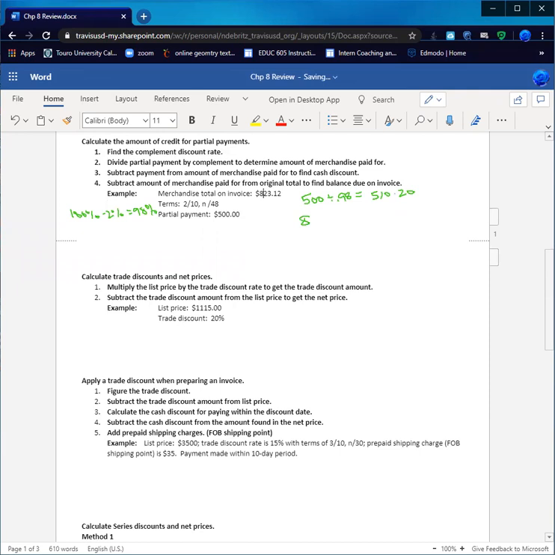There we go. $823.12, and then subtract the $510.20. That's going to give me $312.92, and this is the amount still due.